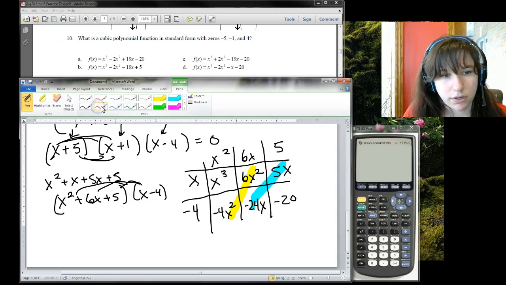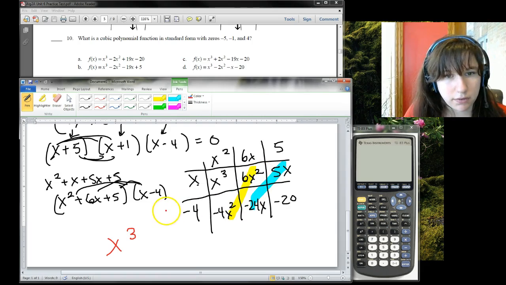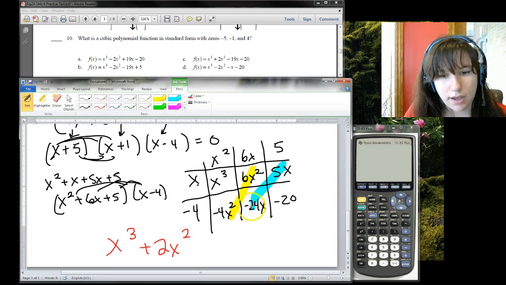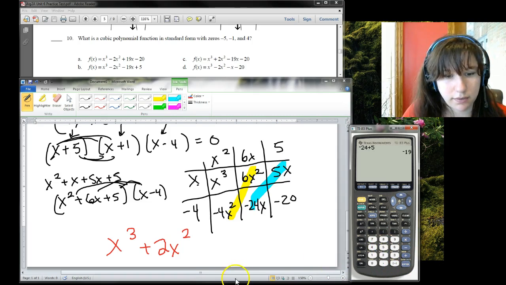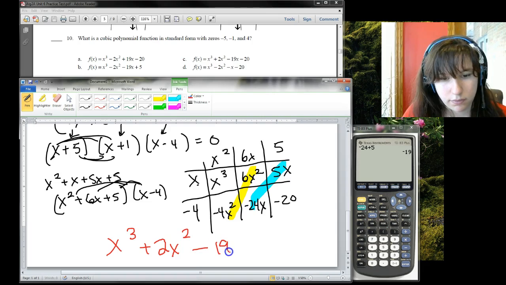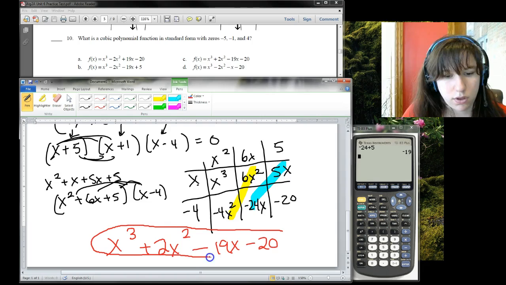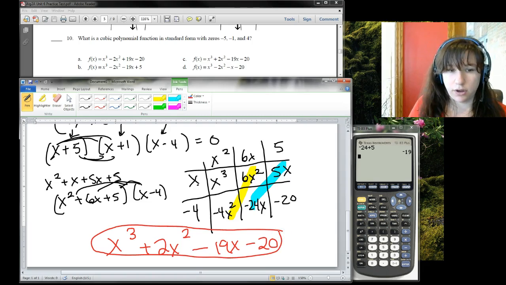So your final answer is going to be x cubed, 6 minus 4 is 2, x squared, -24 plus 5, let's see, it's going to be -19, x minus 20. So there's my final answer.